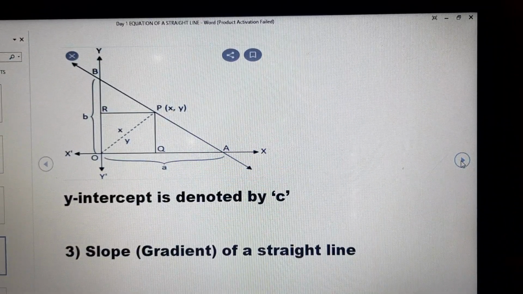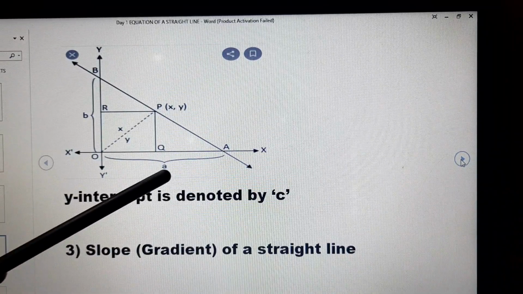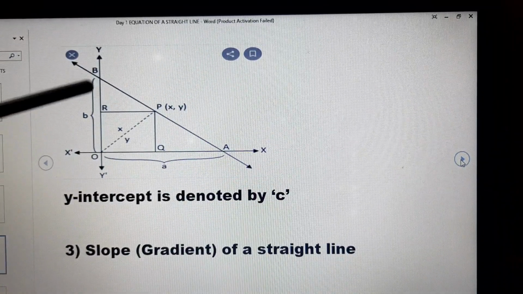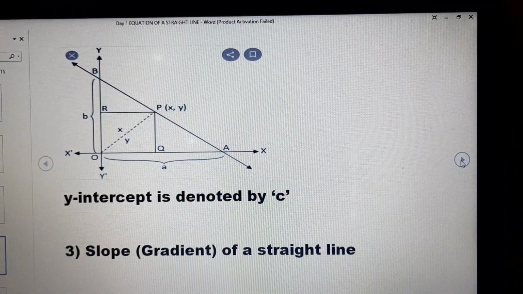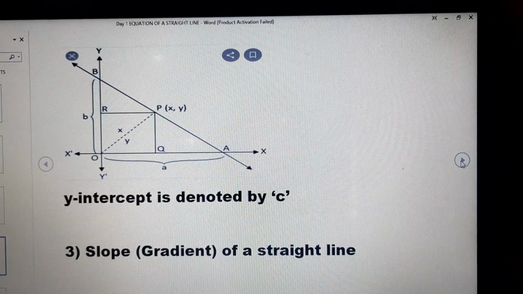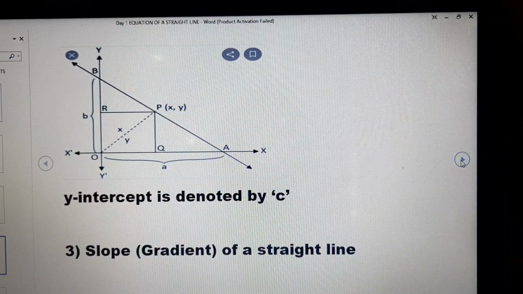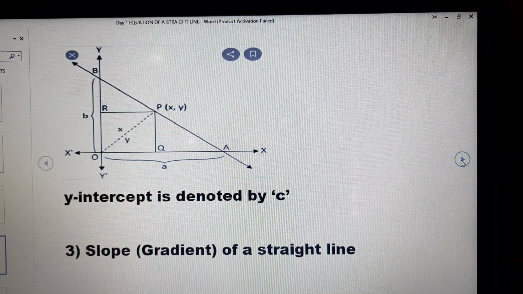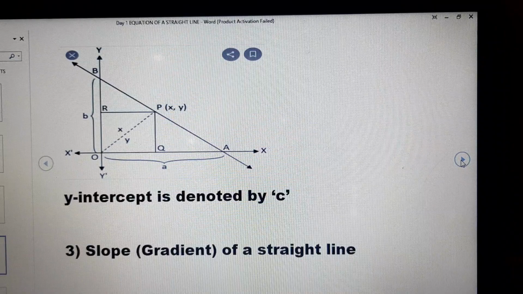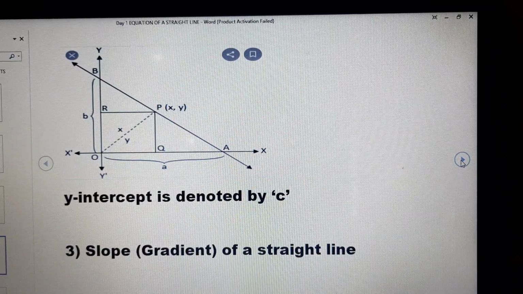Are you getting it? It means the length which is covered on x-axis will become x-intercept. The length which is covered on y-axis, the portion basically which is cut on y-axis by the line segment, is known as y-intercept. X-intercept is said x-intercept only, but y-intercept, which will be used widely in our formulae, it is denoted by small c.